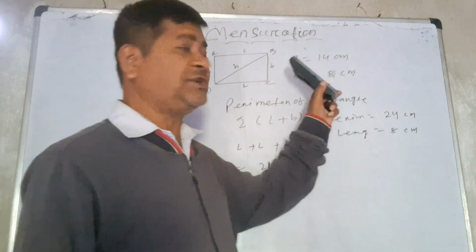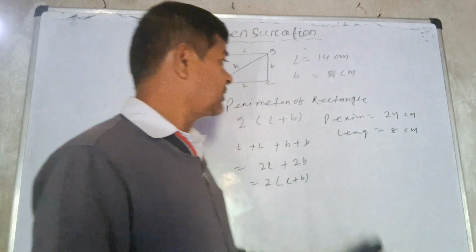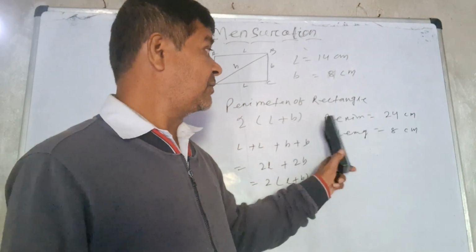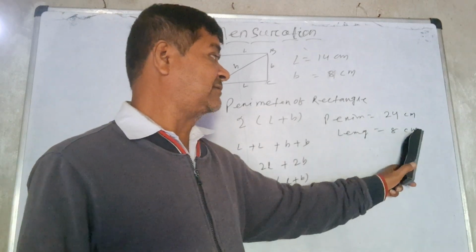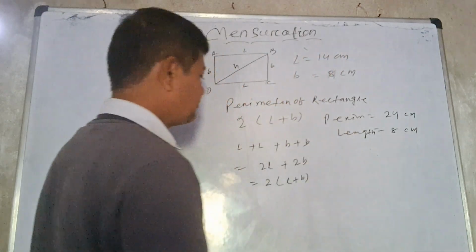Find the area of this rectangle. How can you find it? Breadth is not given, only the perimeter and the length.